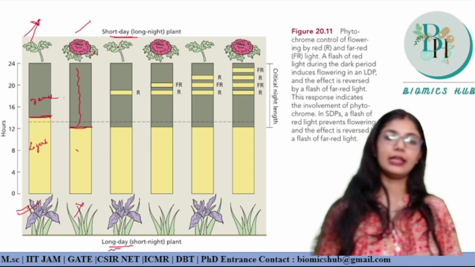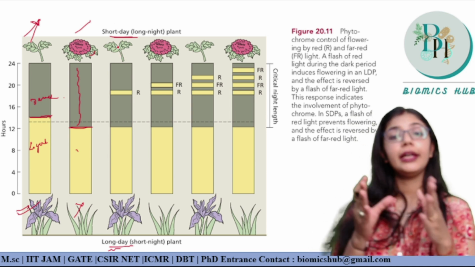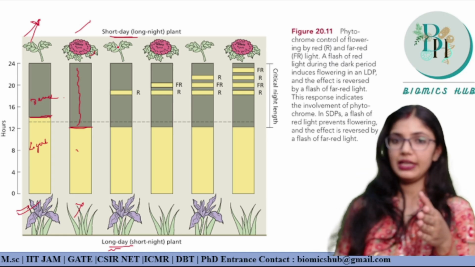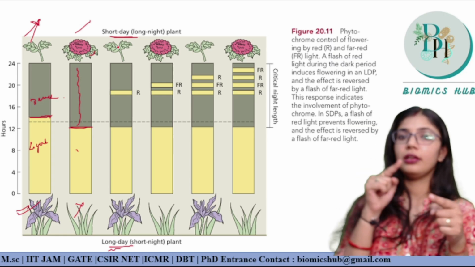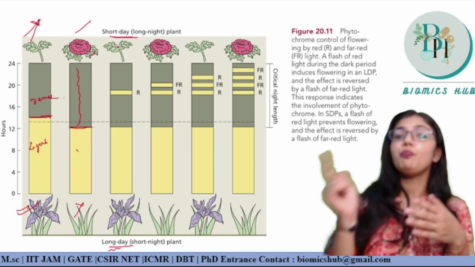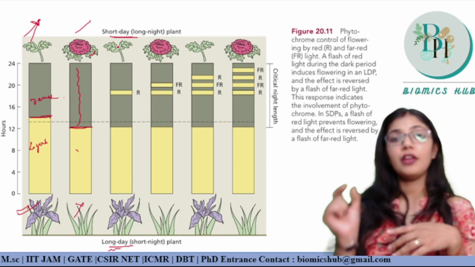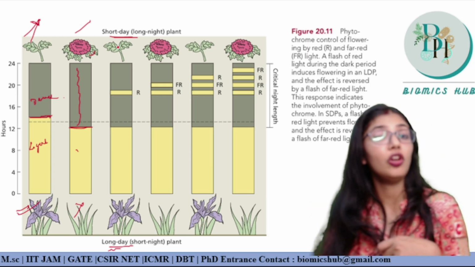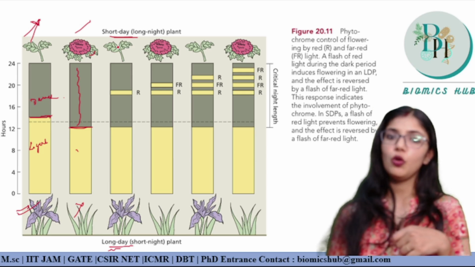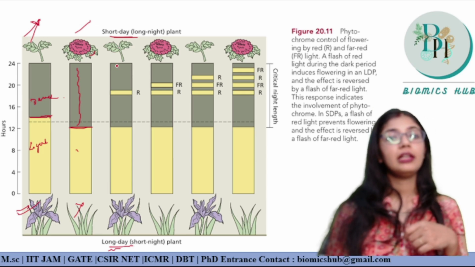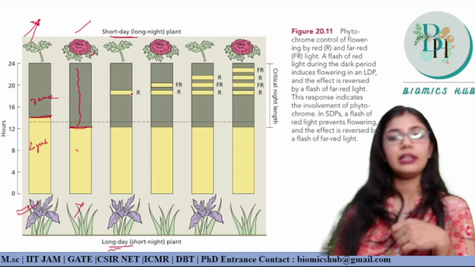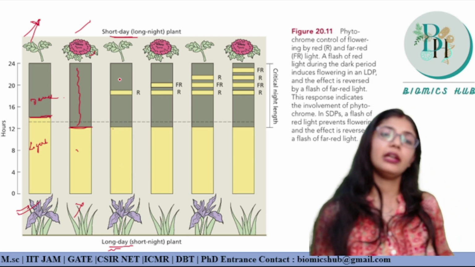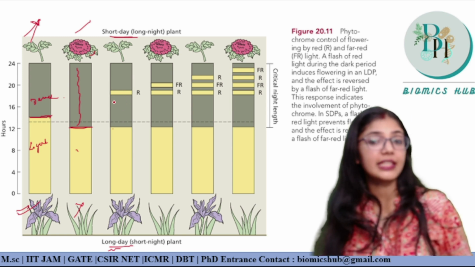Now the next case is about red light and far red light. Already we have discussed that if red light is present, it will convert the PR into the PFR form. And if there is a large amount of PFR, it will flower in the long day condition. Here we can see the night condition is more than the critical period, but in this dark condition, red light has been given.